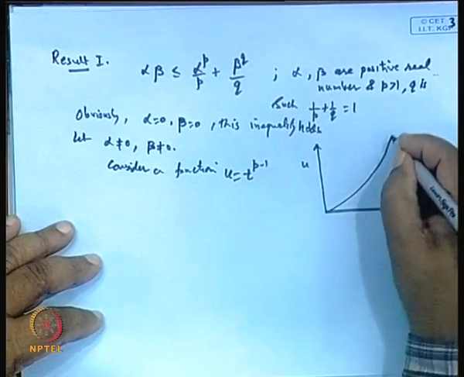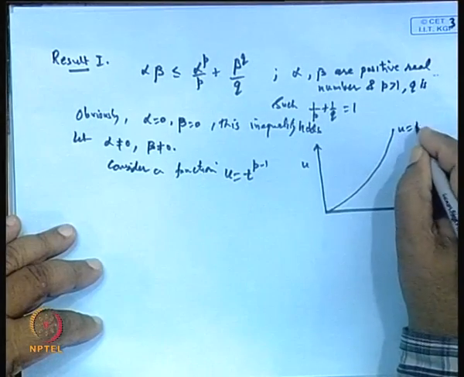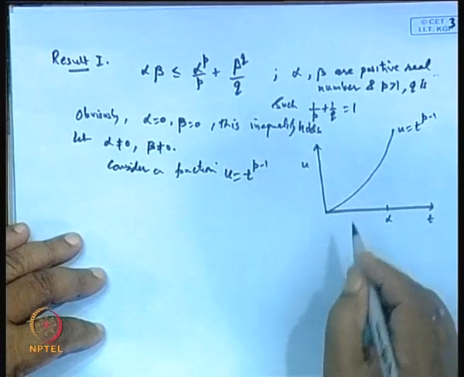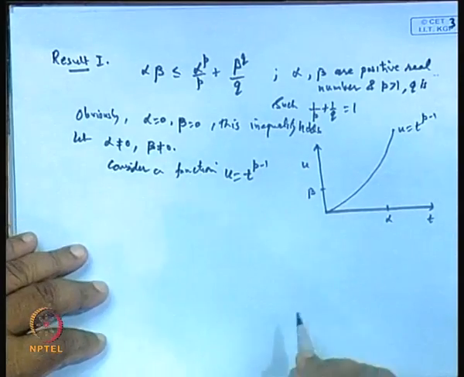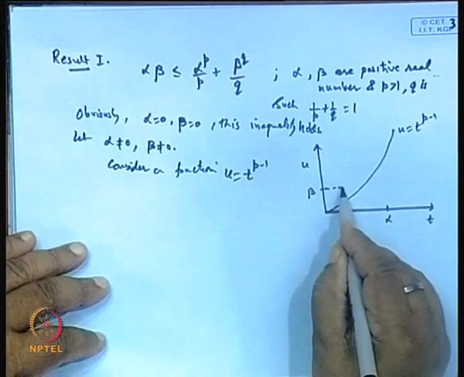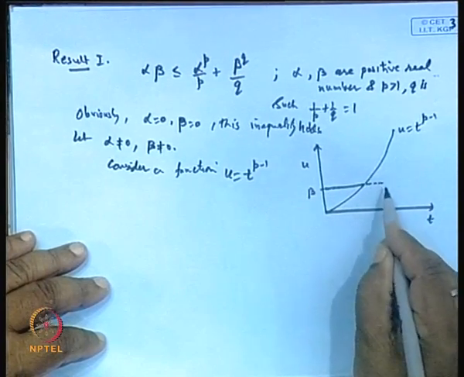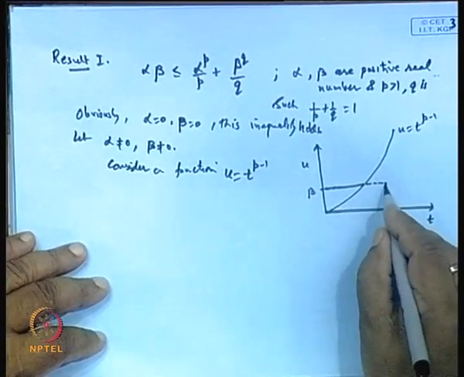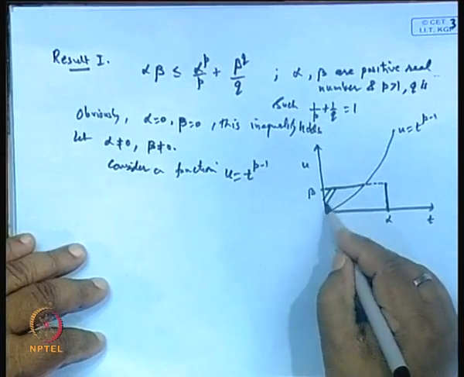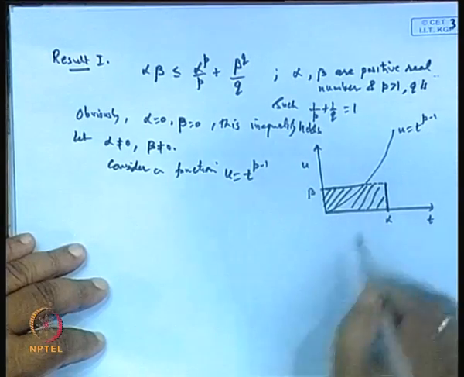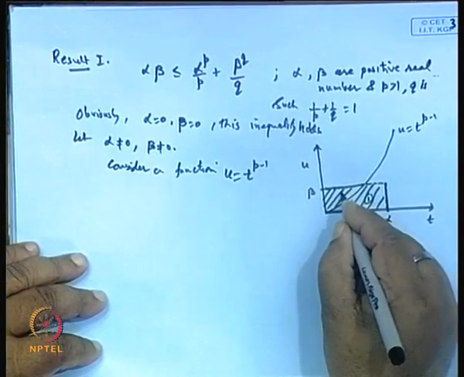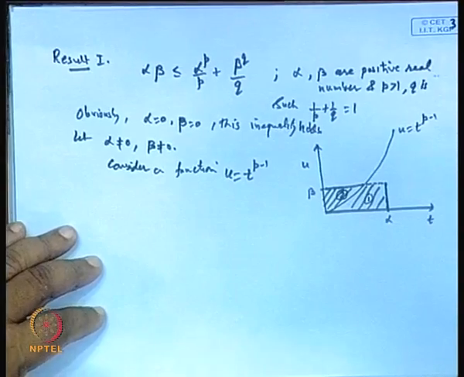This is a continuous curve, maybe like this, u equals t to the power p − 1. Here is α and here is say β. So, α and β are two positive real numbers. Complete the rectangle, then this αβ denotes the area of this portion like this. Okay, the area of this portion, that is area 1 plus 2. Okay, these are two areas.